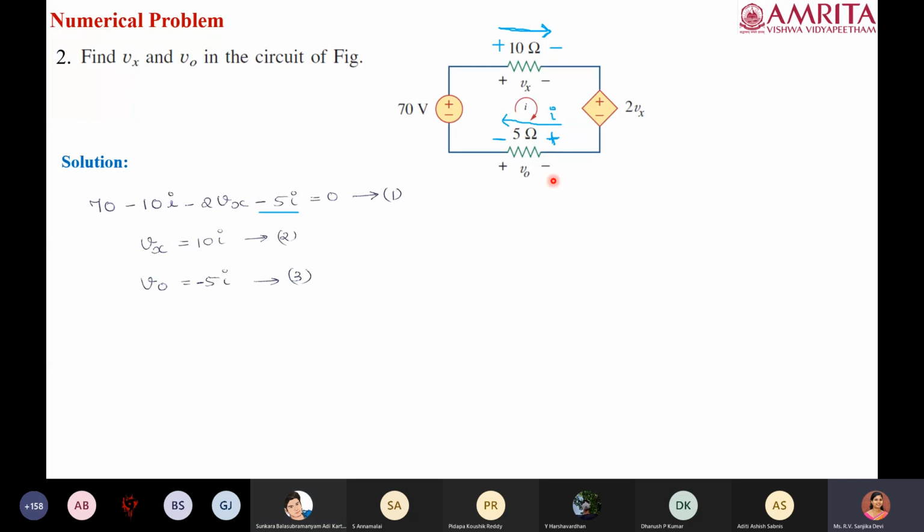So V0 is minus 5i, whereas Vx is plus 10i. Vx has exactly the same polarity as what we are following, so we write Vx as 10i, whereas for V0, their convention is opposite to the convention we are following, so we are writing V0 as minus 5i. Are you able to follow? You see the polarity, okay? With respect to the polarity, I am telling.